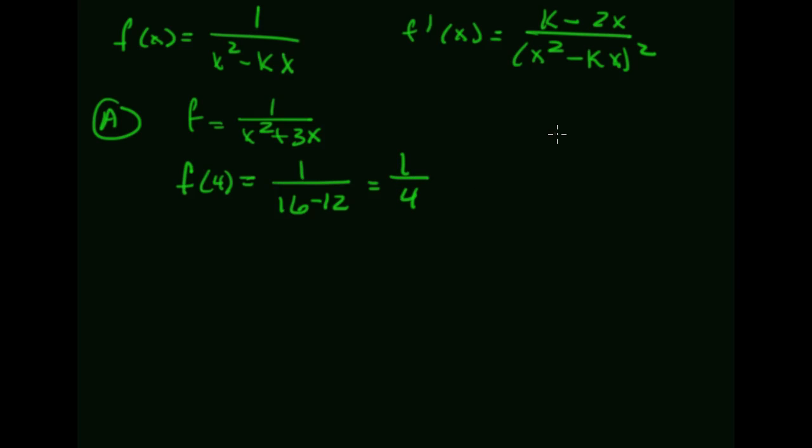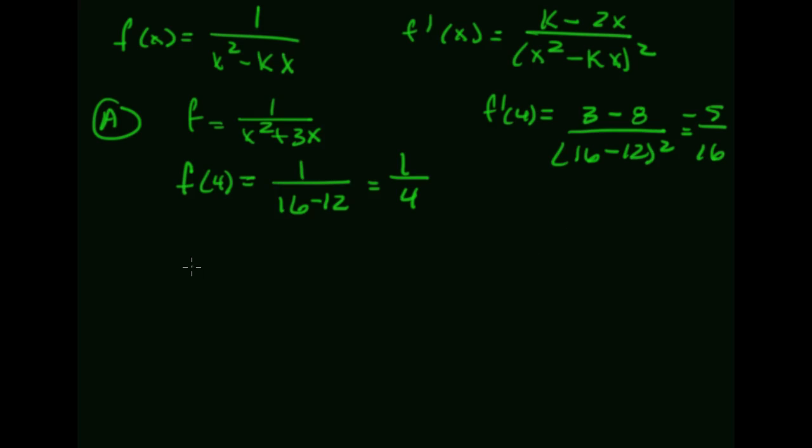And then you also need to know f prime of 4, because you need to know the instantaneous rate of change. But we know that k is 3. So this is 3 minus 8 over 16 minus 12 squared, which is going to give me negative 5 over 16.